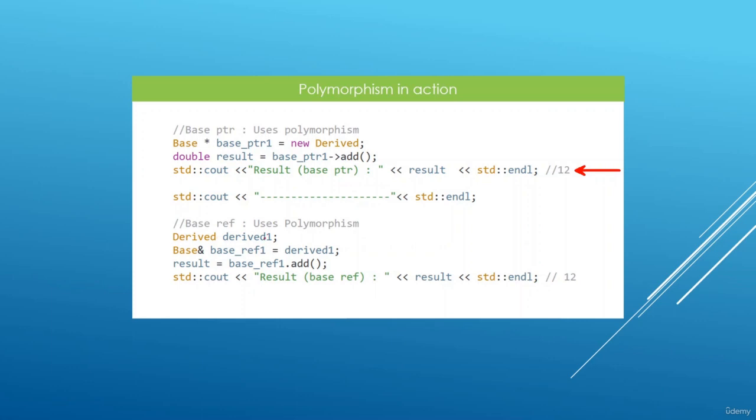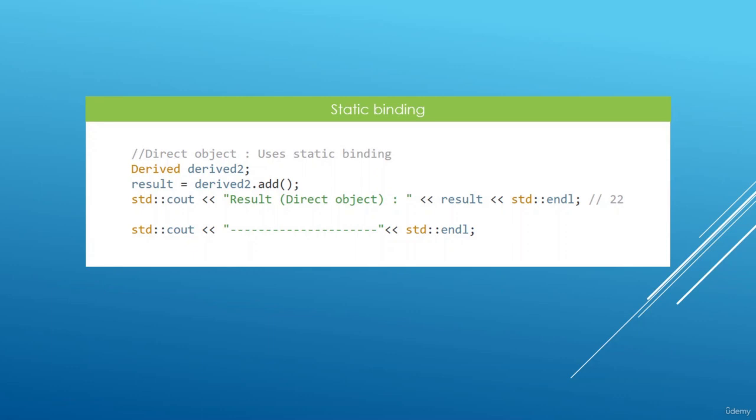And if we go through base references, we will get the same result, because this is going to enable or trigger polymorphic behavior in our C++ programs. If we go through direct objects, we will be doing static binding, and we will use the default arguments or default parameters from our derived object.